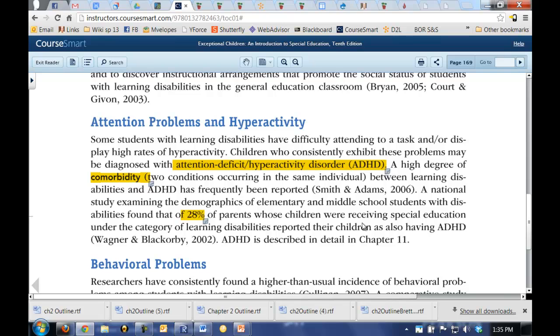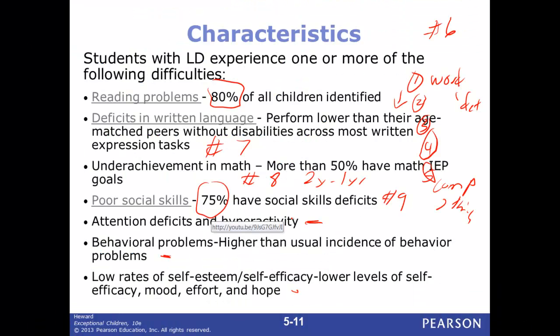But a high degree of comorbidity, and you get to bring that up here because I want to see you do that one, with attention deficit, and this will be number 10, the core word, comorbidity. You tell what that is here for attention problems.